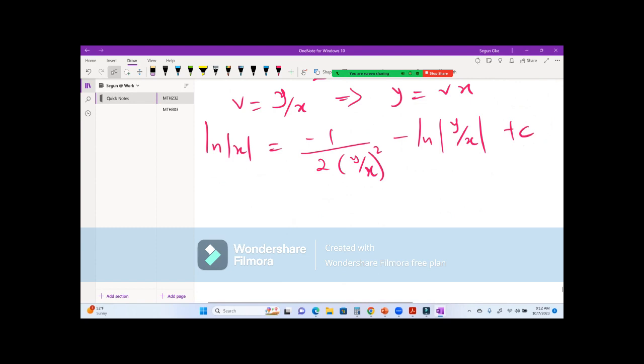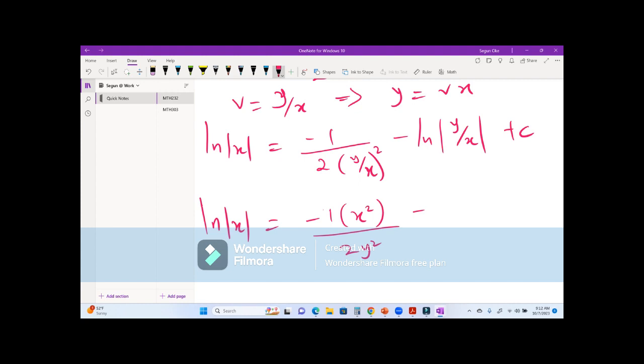So what's the final answer in this case? Who can tell us the final answer now? We are almost there. So it's going to be ln x equals, if you find this one, what do you have? You have the same thing as minus 1 in bracket, x squared all over 2y squared, minus ln y minus ln absolute of x.